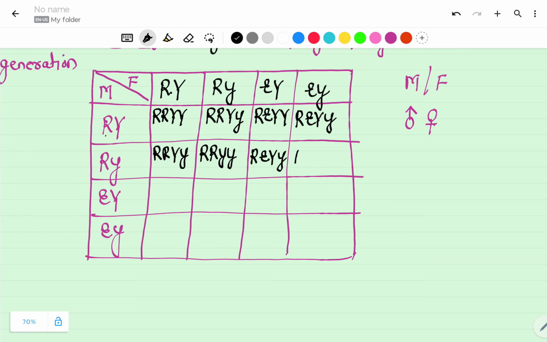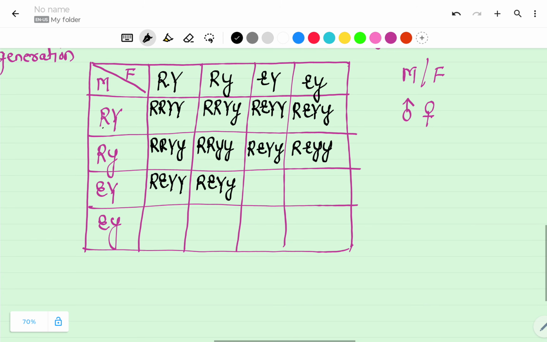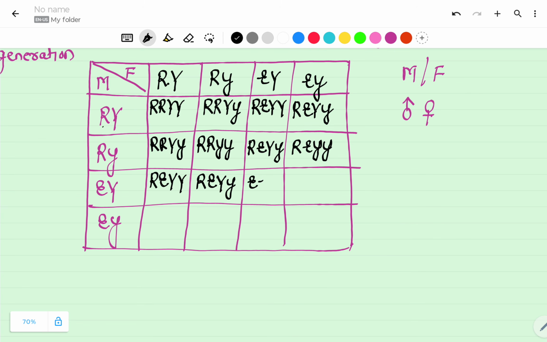Here again capital R, small r, capital Y, capital Y. Sorry, small y, small y. Here again capital R, small r, capital Y, capital Y. Here again capital R, small r, capital Y, small y. Here again small r, capital Y, capital Y. Here last capital R, small r, capital Y, small y.